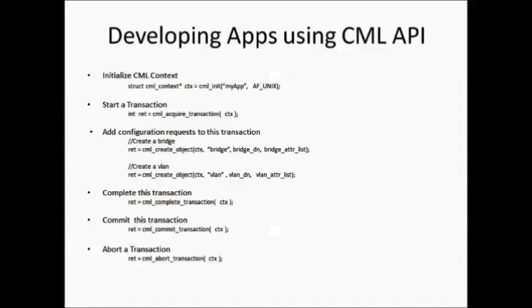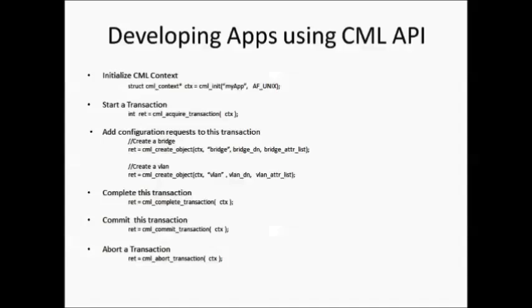One is bridge and the other one is VLAN. So you call CML create object with the managed object name as bridge. The distinguished name uniquely identifies the instance of this managed object, and you also provide a set of attribute lists along with their values which you want to set while you create this object.